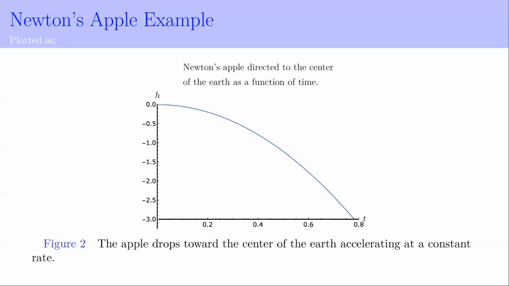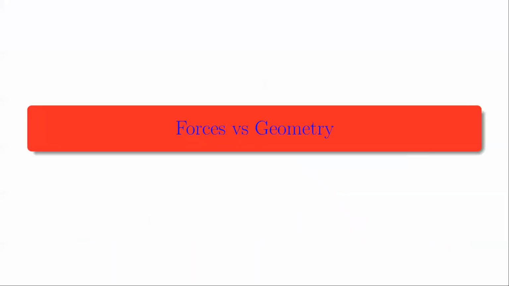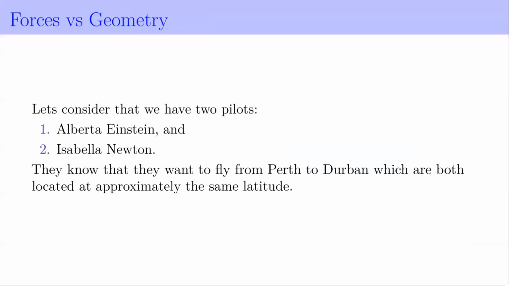All right. So now we're going to talk about forces versus geometry. Let's consider two pilots, Alberta Einstein and Isabella Newton. They both know that they want to fly from Perth to Durban.